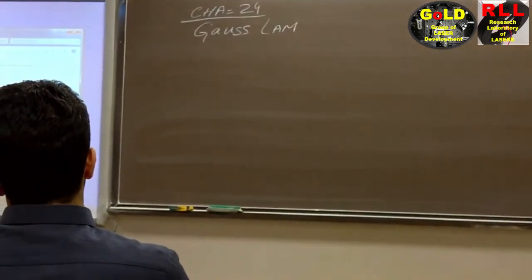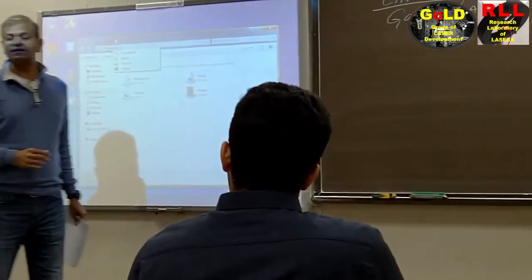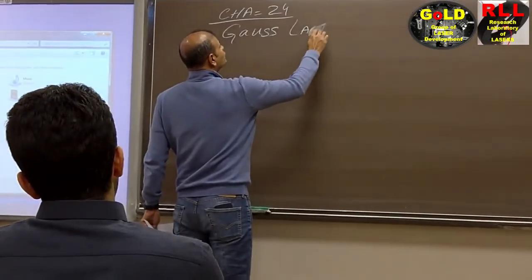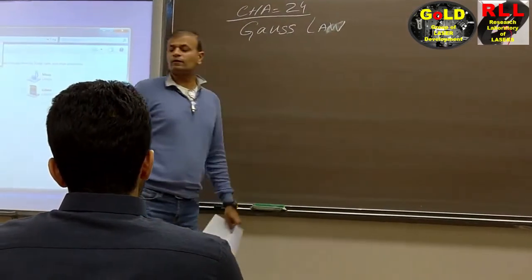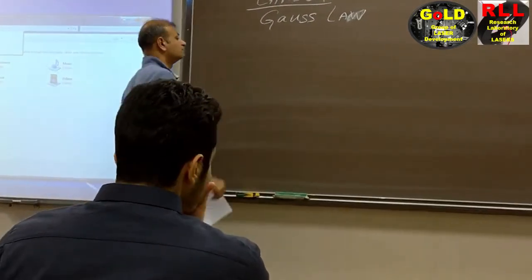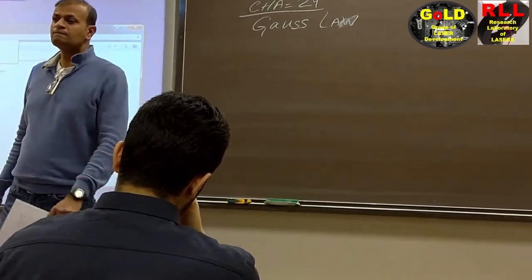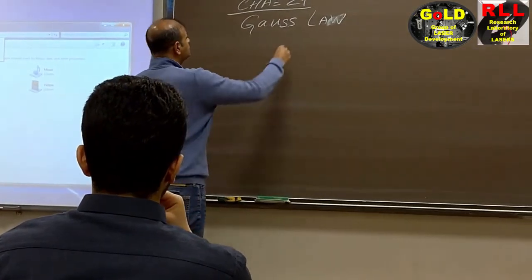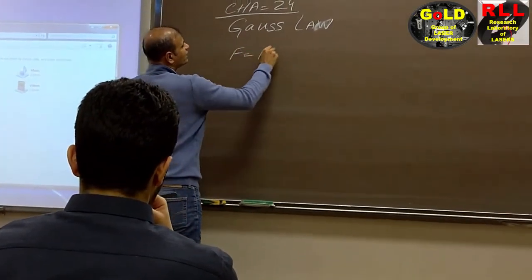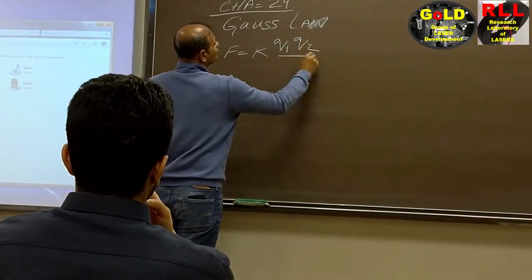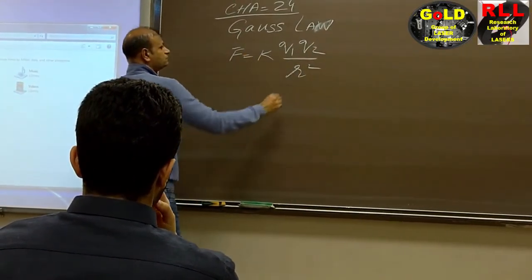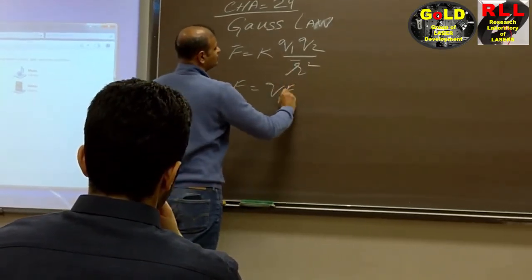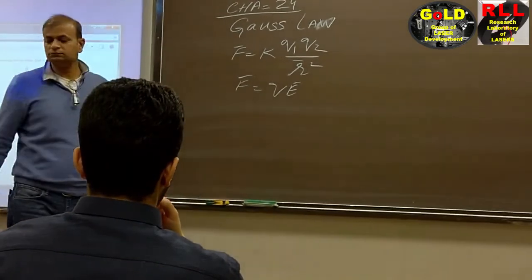What did we study in chapter 23? That there are two kinds of charges, positive and negative, and there is electric field between these two charges. We studied Coulomb's law and electric field, how to find out the electric field, F is equal to K Q1 Q2 over R square, and F is equal to QE.